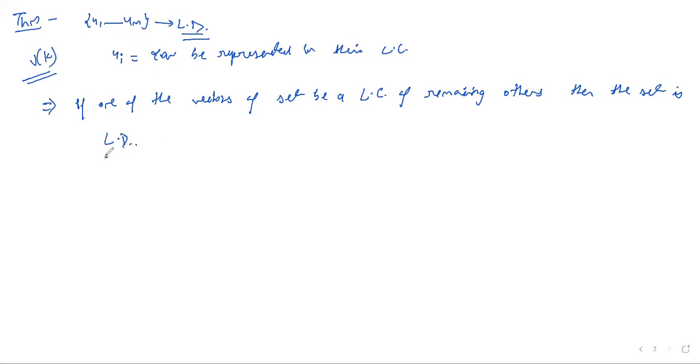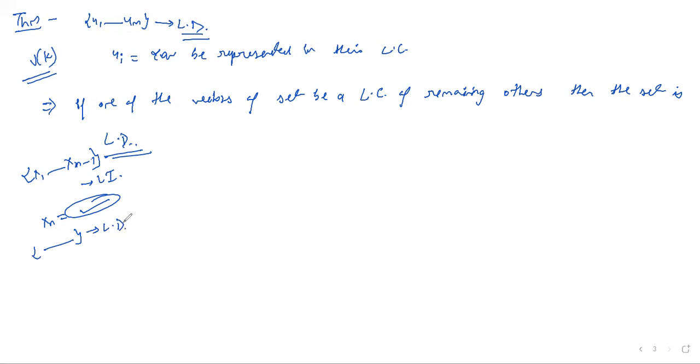That's what we did in the previous example. We have the set x1 to xn minus 1, which is linearly independent. But there is one vector xn which can be written as their linear combination. Then the whole set x1 to xn became linearly dependent.